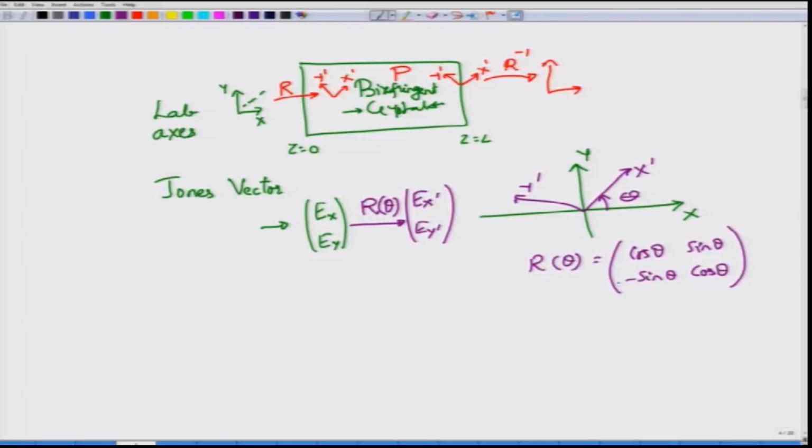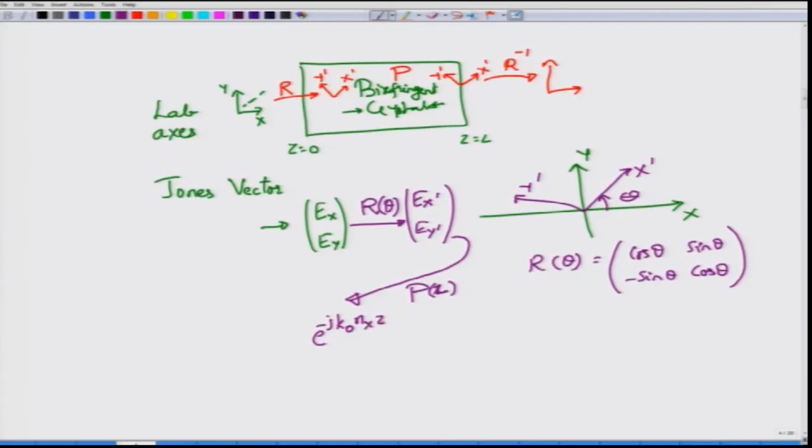So, when you multiply this Ex Ey vector, which is the Jones vector in the lab axis, with R of theta, you obtain the vector in the birefringent crystal axis, Ex prime Ey prime. Now, Ex prime Ey prime have to propagate through the crystal, which has a certain length, say L, or if you do not want it, you can just write it as z. This propagation matrix will be e power minus j k 0 nx prime z, and e power minus j k 0 ny prime z, where k 0 of course is the free space wave vector.